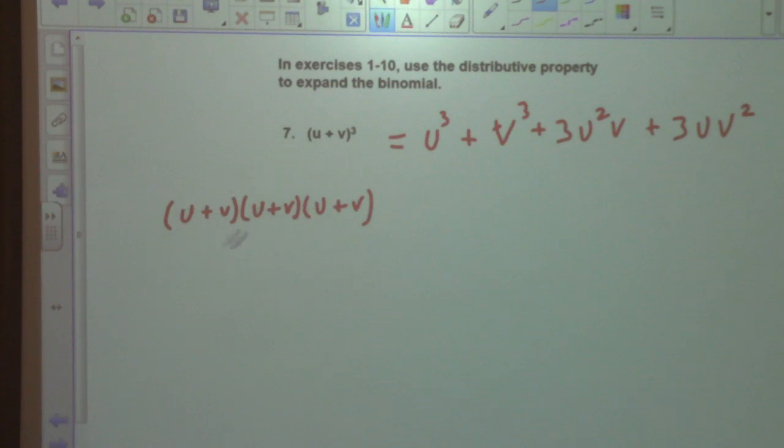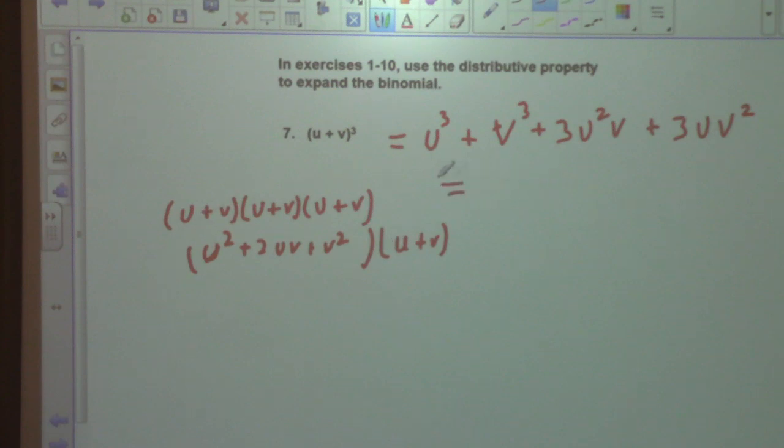So the first two you had u squared plus 2uv plus v squared, and then you multiplied all this by u plus v, and then worked it all out and got this.